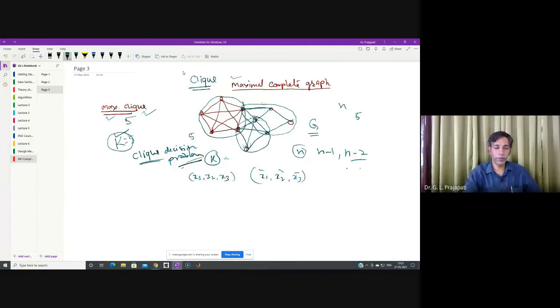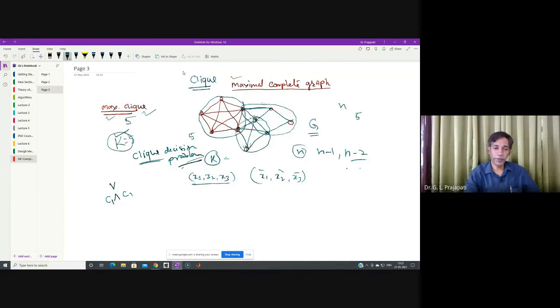You have the variables like this, and these variables form clauses. If you go for the formula, then you will have some clauses, and clauses can be joined by the conjunction, this is C1 and C2, or clauses can be joined by the disjunction.